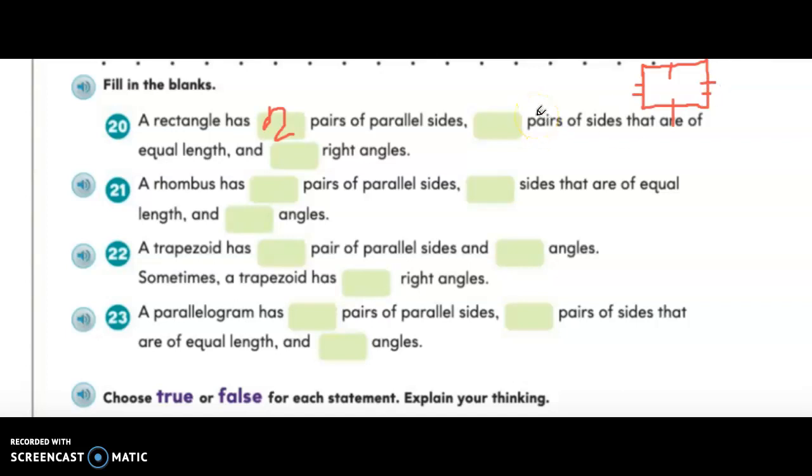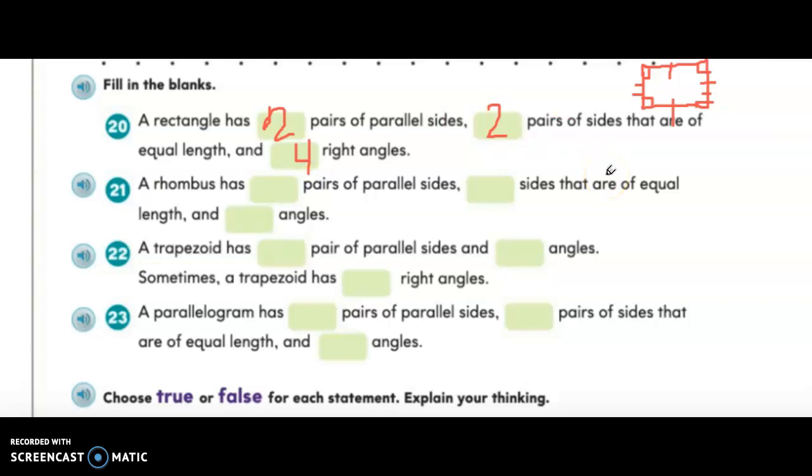So it has two pairs of sides that are of equal length. And then if we think to the corners, it all makes those L-shaped corners. So that makes that exact 90-degree square. So this has four right angles.